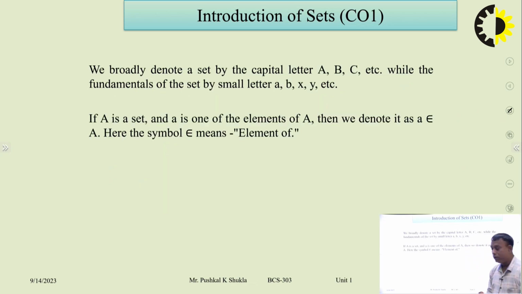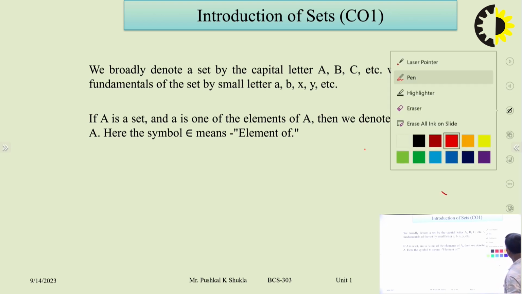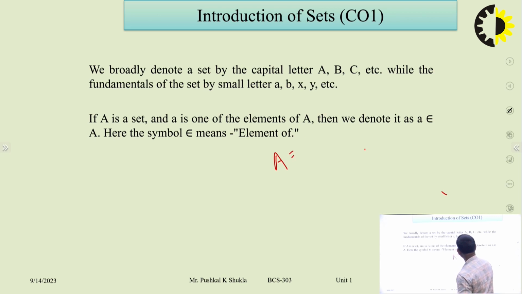We broadly denote a set by capital letters. Generally, capital letters are used to represent the name of the set like A, B, C, X, Y, Z and so on. And small letters are used to represent the elements of the set. For example, set of vowels of English alphabet. The name of the set is represented by A equal to a, e, i, o, u.